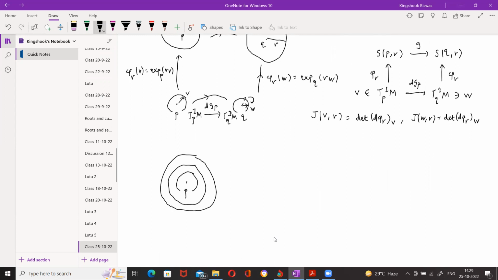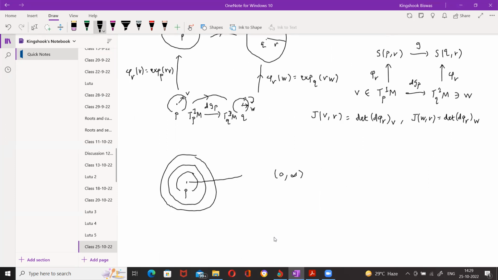That means if I take a geodesic starting from P, then the function is determined by its restriction to this geodesic, so the function becomes a function of just one variable. A radial function you can think of as a function on the interval (0, infinity).